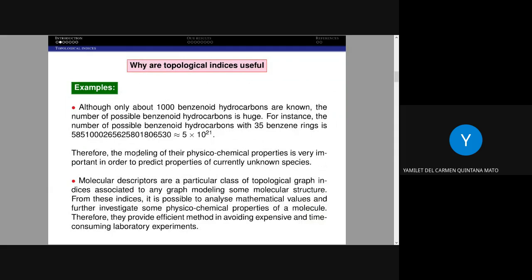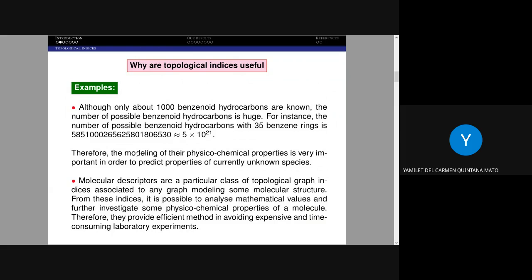Only about 1,000 benzenoid hydrocarbons are known now. The number of possible benzenoid hydrocarbons is huge. Therefore, the modeling of the physical-chemical properties is very important in order to predict properties of currently unknown species.